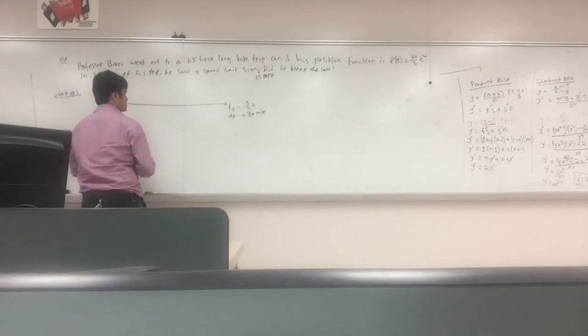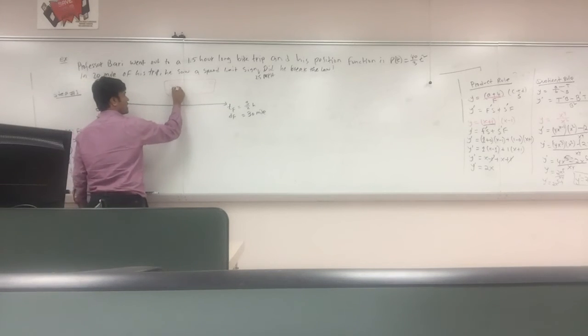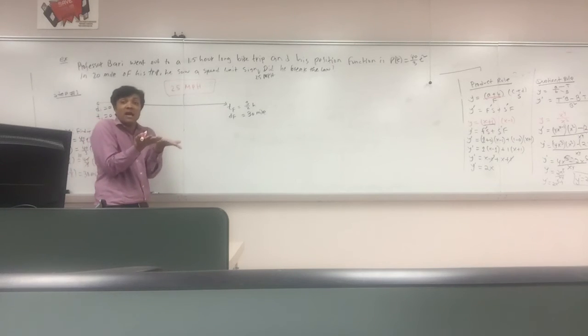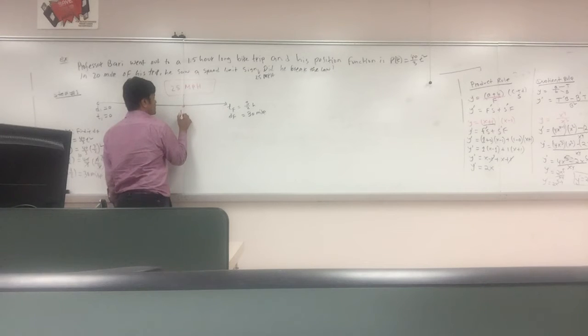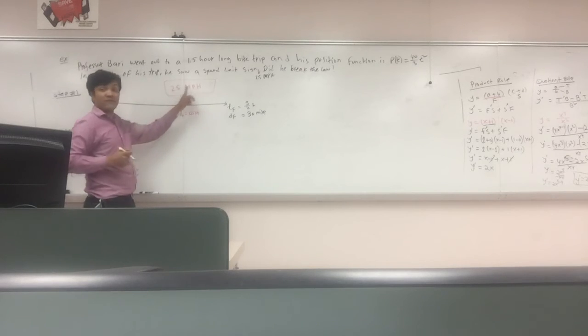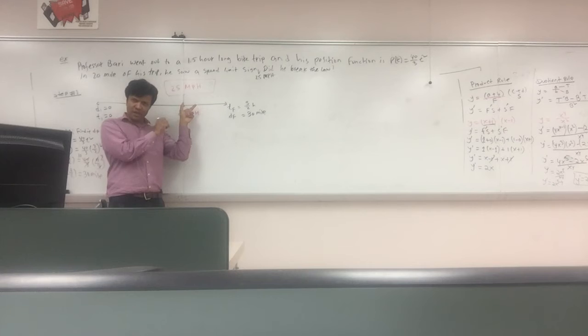So d2 is 20 miles, and he saw 25 miles per hour. We want to know whether he broke the law right here.